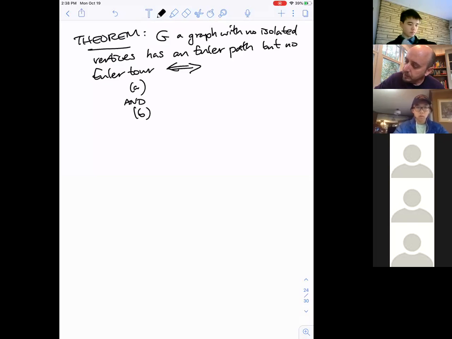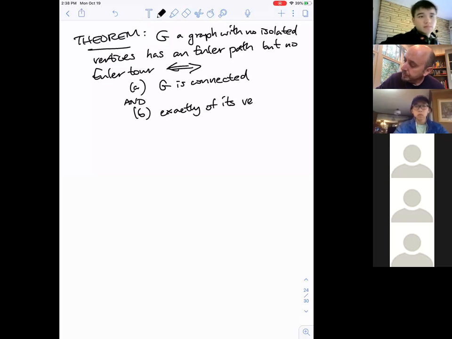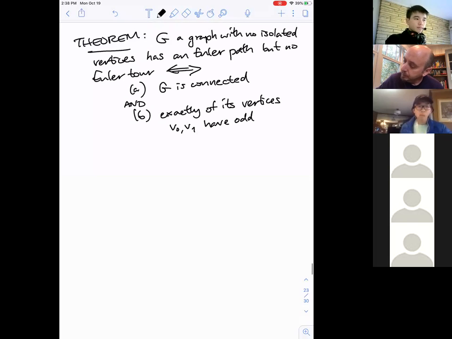One of them is about G being connected. And the second one is exactly two of its vertices, maybe I'll call them V0, V1, have odd degree, all others even degree.